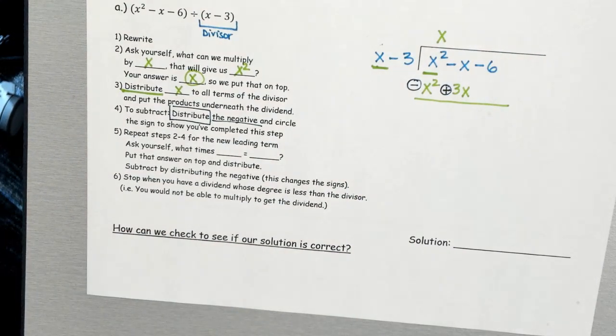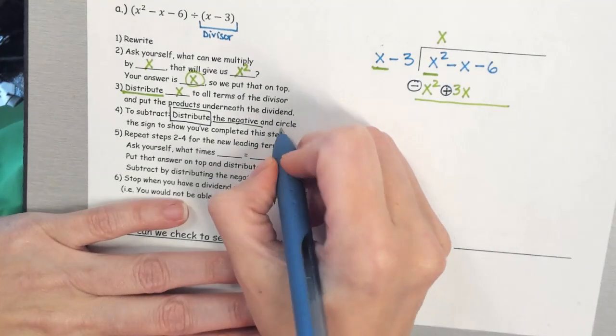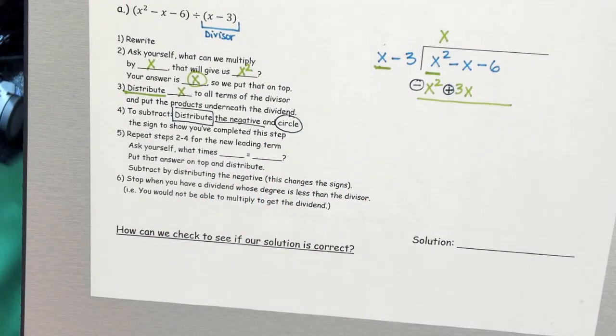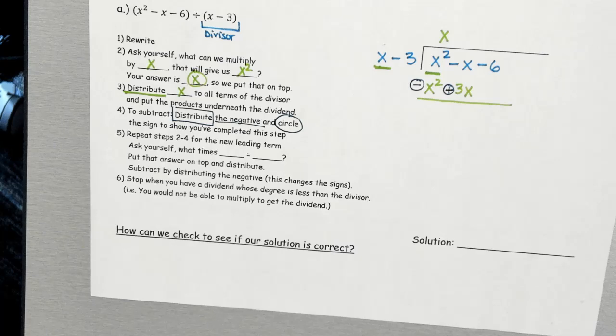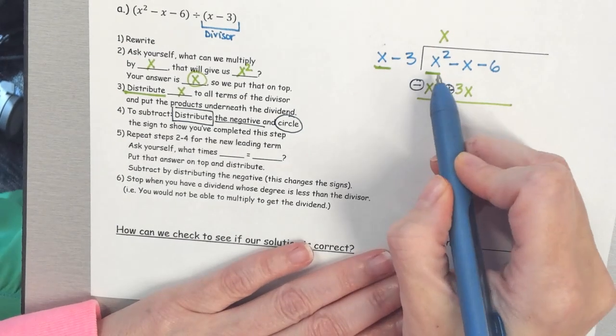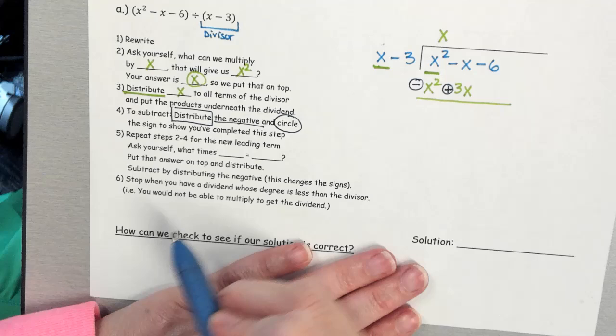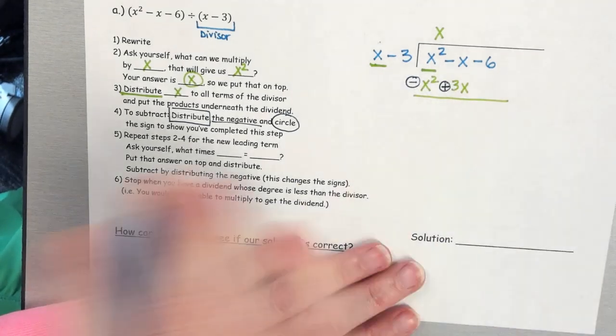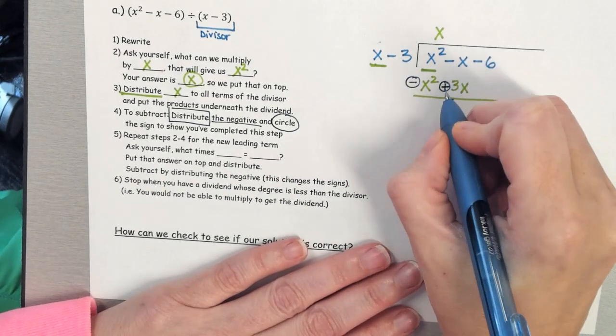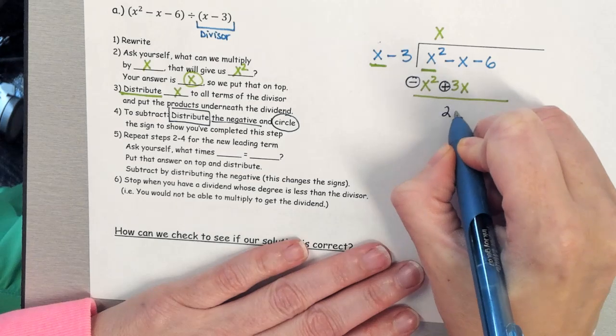And the way that we show that we've completed this step is we just circle those new signs. Okay, so that lets us know that you have distributed the negative there. And if you did this correctly, once you distribute the negative, these should cancel out. So you should get x squared minus x squared is nothing, and then negative x plus 3 is going to be 2x.